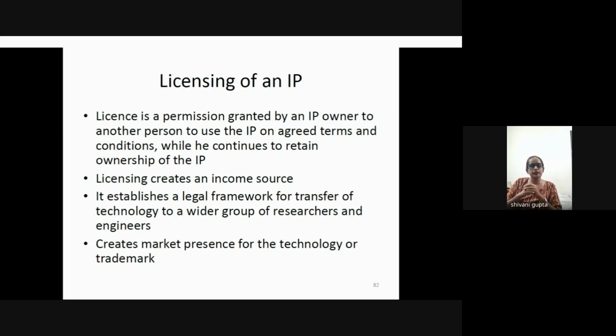When we discuss the economic aspect of intellectual property rights, licensing is the category that comes to mind. Licensing means granting permission, and the permission is granted by the person.